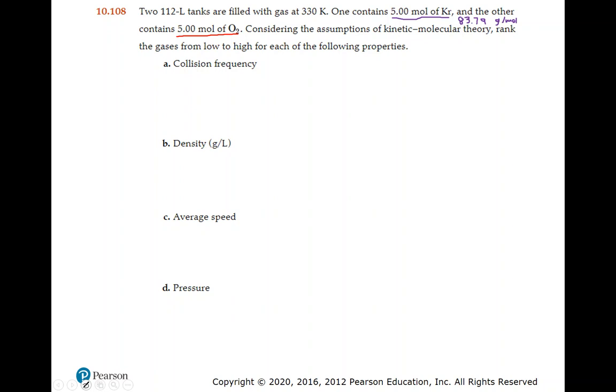And for oxygen, each oxygen molecule has 2 oxygen atoms in it, so 2 times the atomic mass for oxygen gives us 32.00 grams per mole.